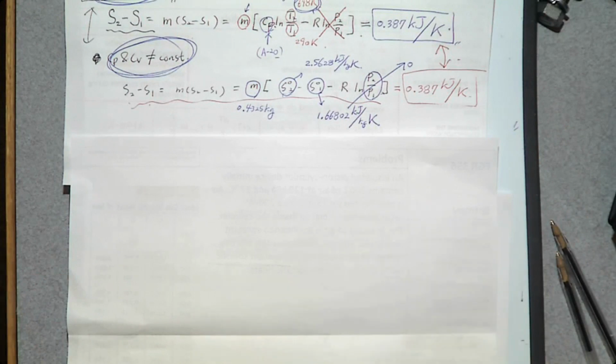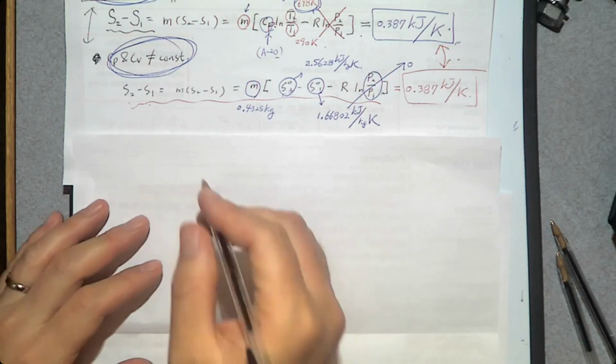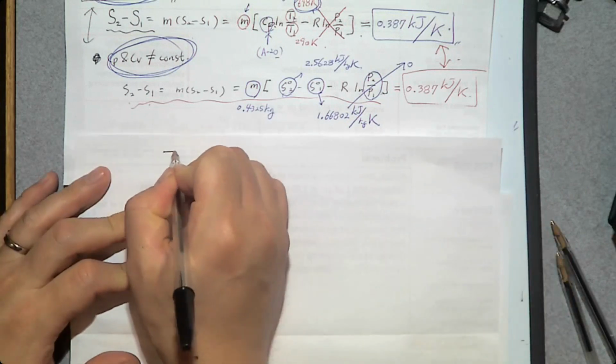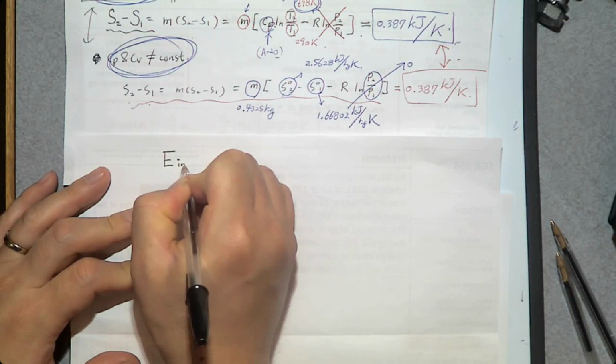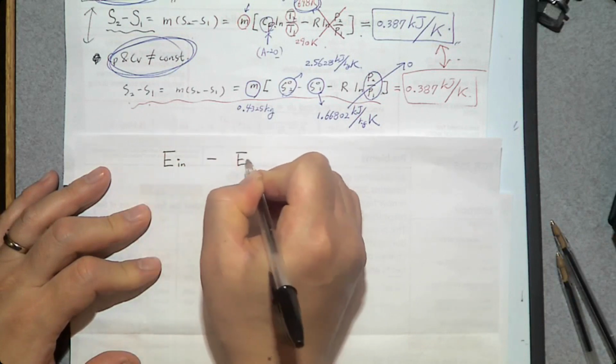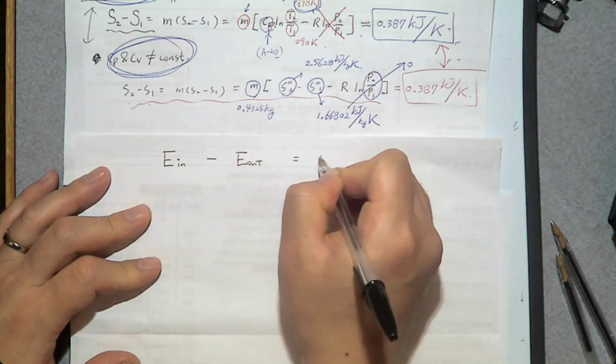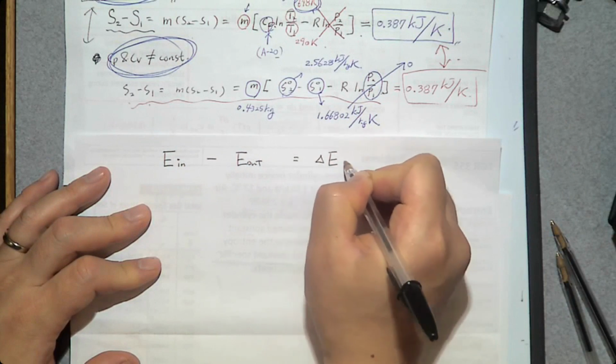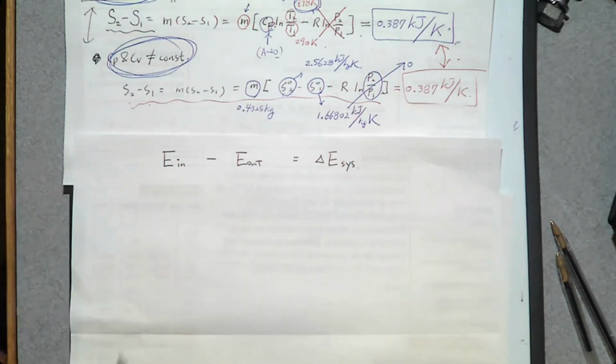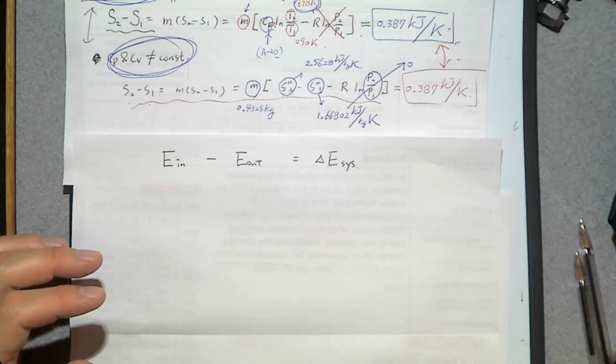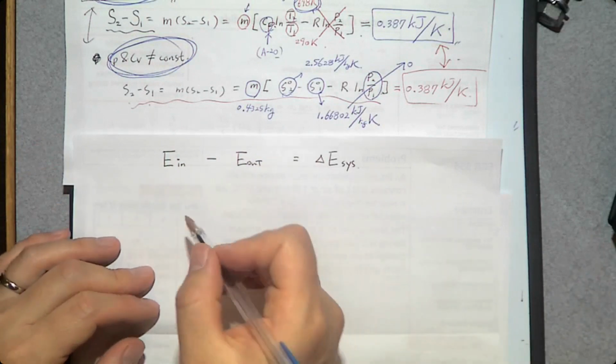The energy balance equation that we used is based on the conservation of energy principle. Which means that energy transfer in minus energy transfer out is going to be the change of energy of the system.